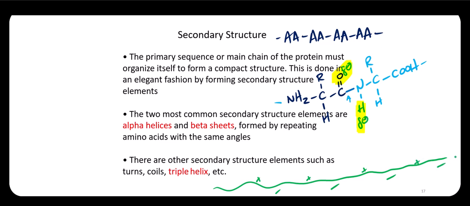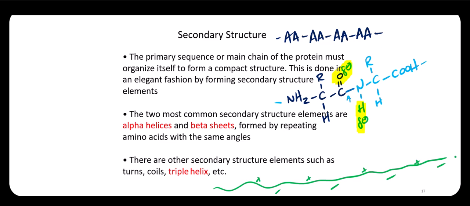Picture a piece of string, but a really staticky piece of string, with little spots of partial positive and partial negative charges. So we can turn that string into some different shapes.